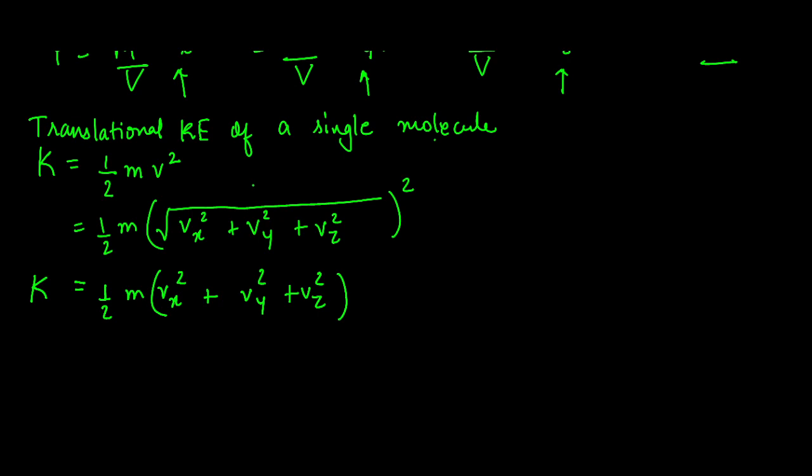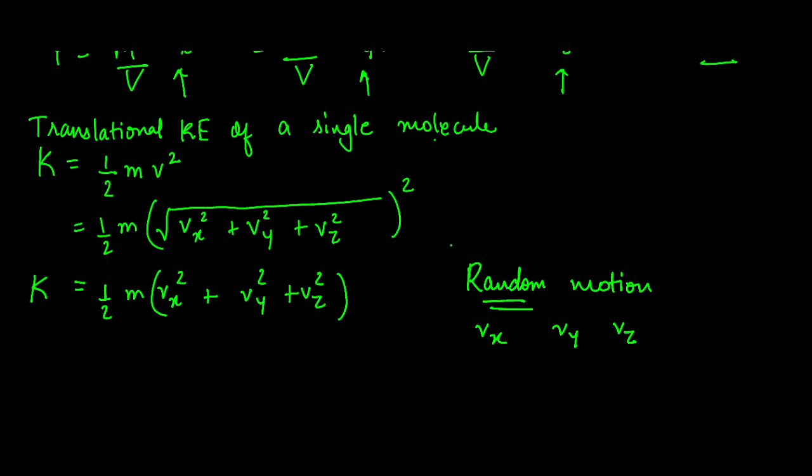Now I want all of you to recall that animation which I had shown you. Again, the emphasis is understanding random motion. You see, because the motion is random, there is no way that the value of Vx, Vy or Vz can remain constant.